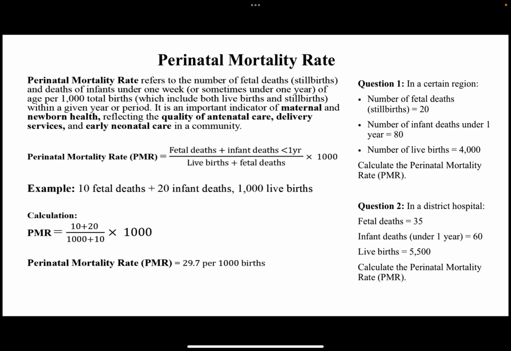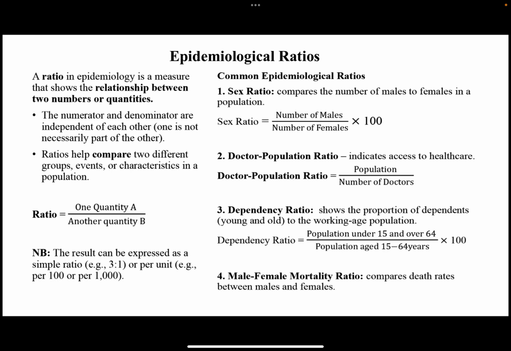If you calculate and you are getting higher values, it's an indication of poor access to skilled birth attendants. It's also an indication that there is inadequate antenatal care or unsafe delivery practices within the population that you perform that calculation or measurement from.